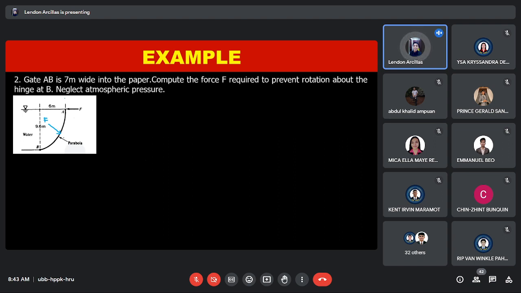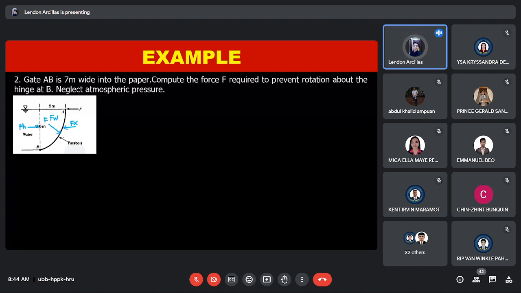Okay, so first is we need to find the f of h. So, f of h is countered by f of x. So, therefore, f of x is equal to f of h. So, since the gate is on the surface of the water, so wala na tayong f of v. Meron na lang tayong f of w.